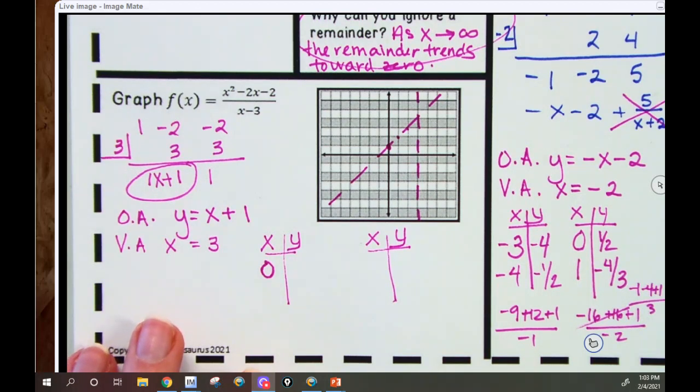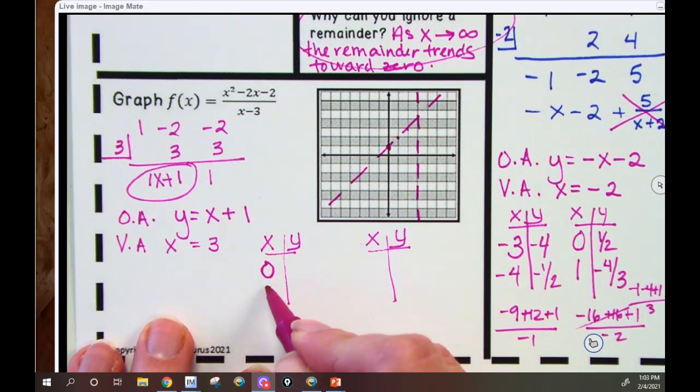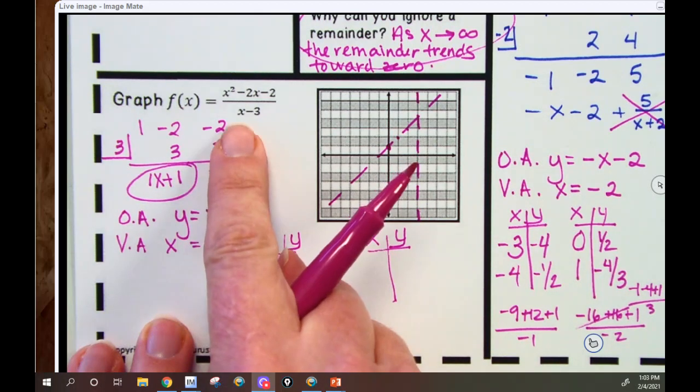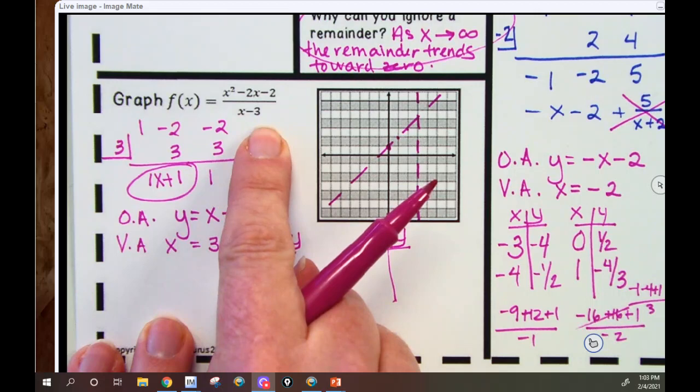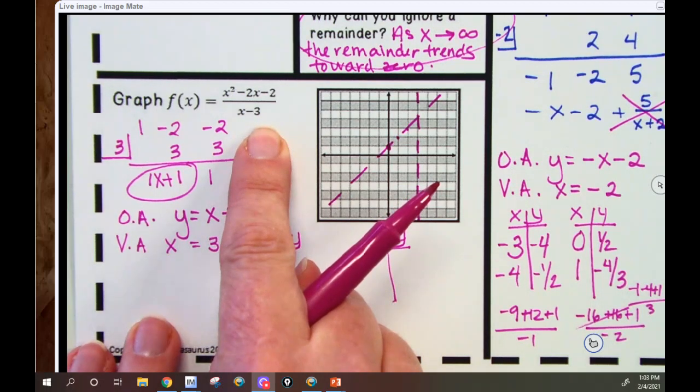Negative 1, right? Or we could choose 2. I might have chosen 2 because it gives me a denominator of negative 1, but does it matter? It doesn't matter, right? Some of the numbers might give us prettier points than others, but not really.